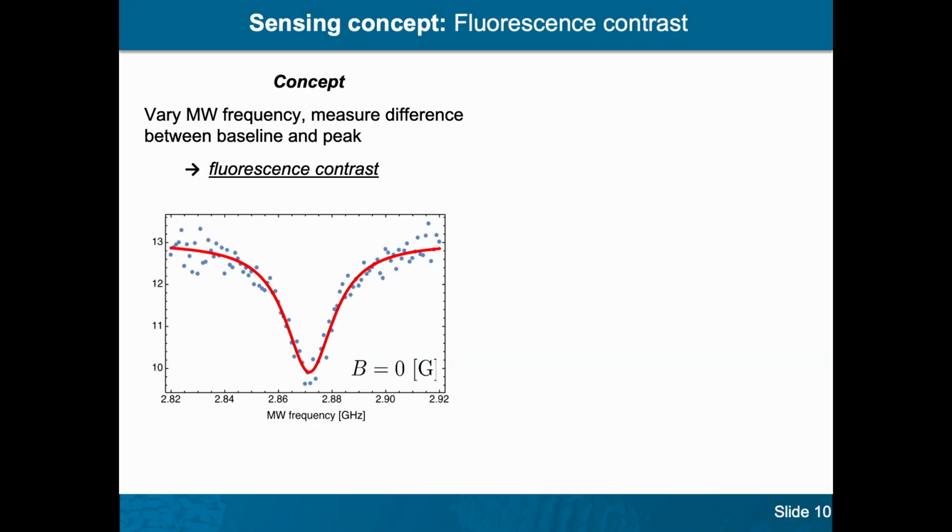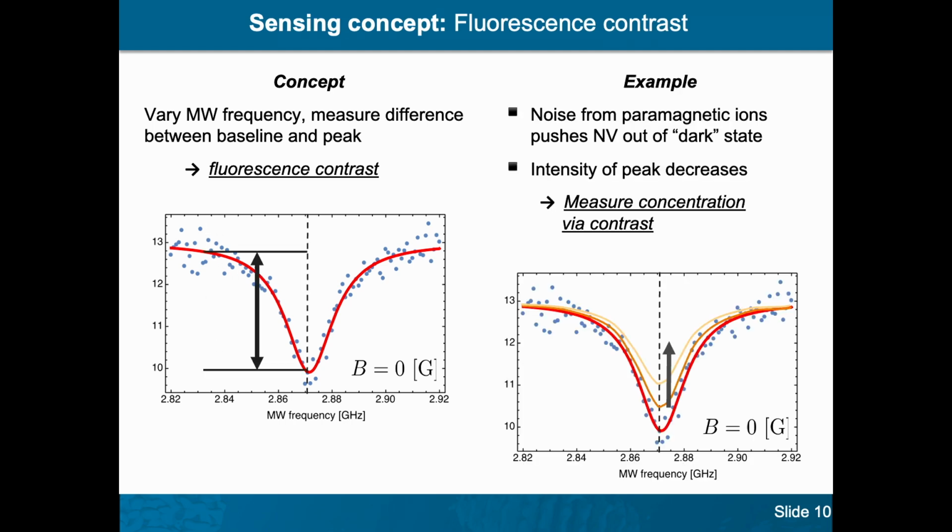Okay, so one way in which you can use this as a sensor is to just look at this contrast that you get here, and it turns out that this contrast depends on the NV center's T1, which is its lifetime, and the T1 is dependent on environmental things that are in the environment of the spin.